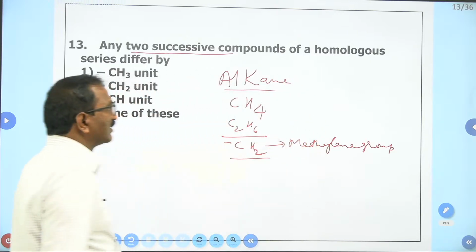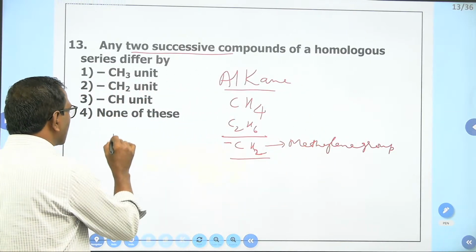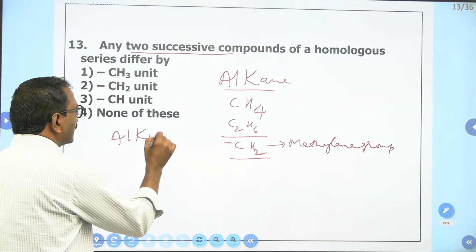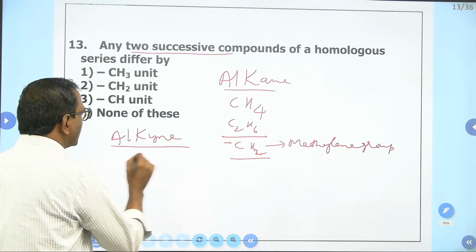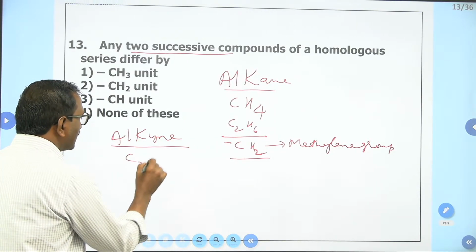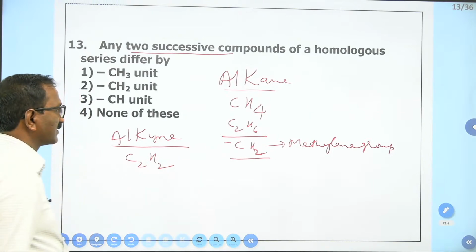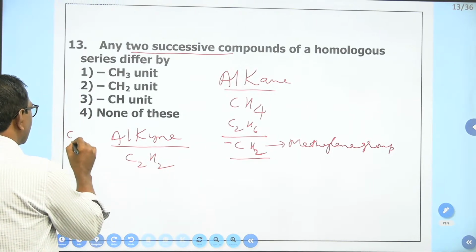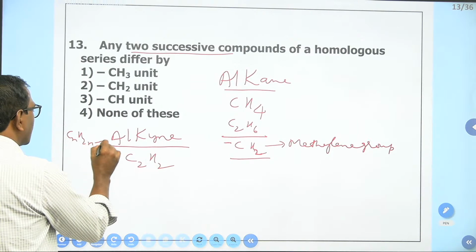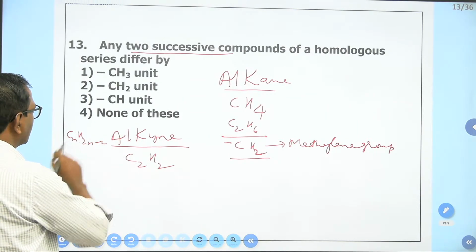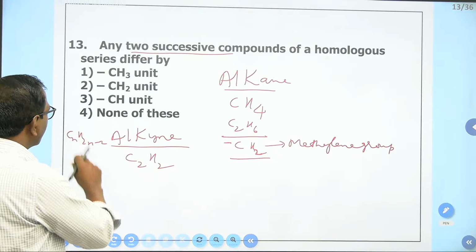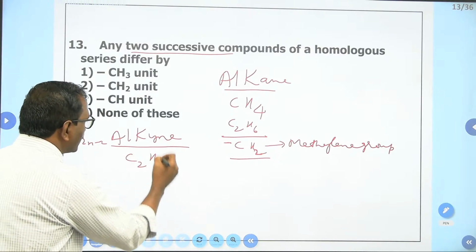Not only in this series, take the next series also. Alkyne. The first member of alkyne is ethyne, which you know is C2H2, because the alkyne general formula is CnH2n minus 2. That's why the minimum number of carbon atoms is 2. If you substitute n equal to 2, you get the first member of alkyne.